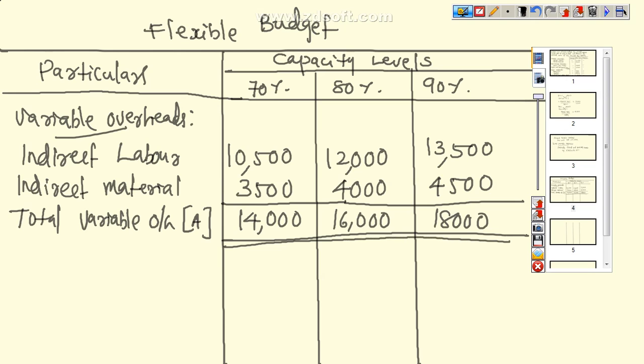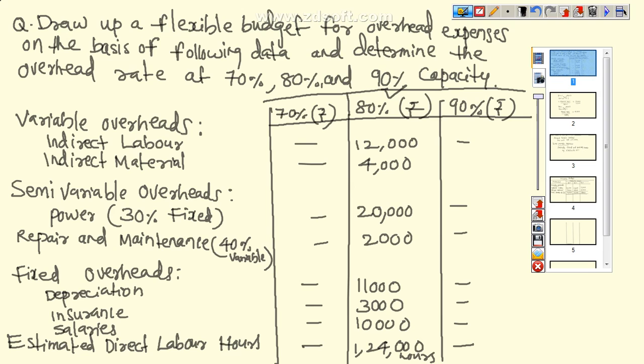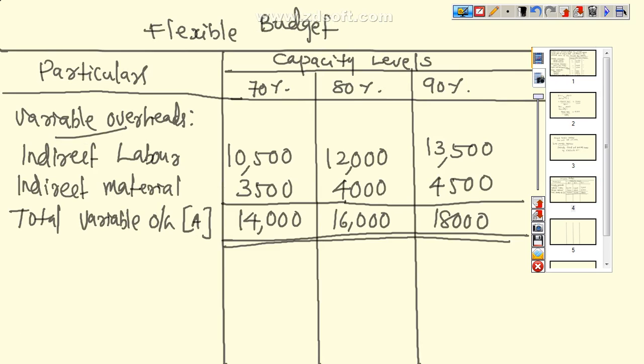Now after variable overhead, the information is given for semi-variable overhead. So we have to give the heading semi-variable overhead. Under semi-variable overhead, there are two items given.